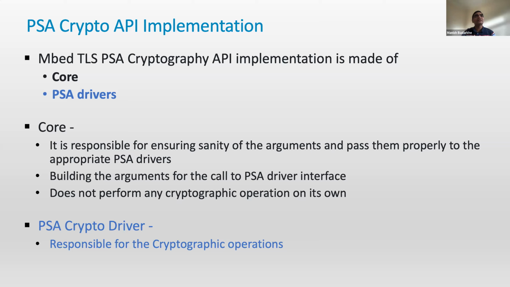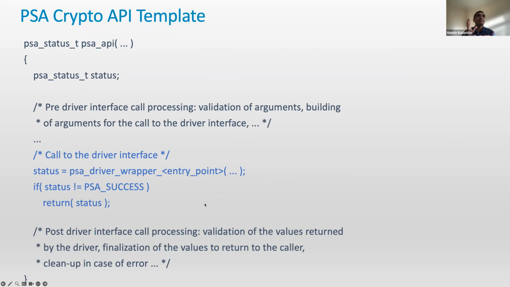If you look at how the template looks, it looks like this. We have the PSA crypto API, where we get all the arguments. We do the sanity checking and then build the arguments. It is in the underlying layer of the PSA crypto API. In the TF-A driver, these are not present; we are just a caller of this function.